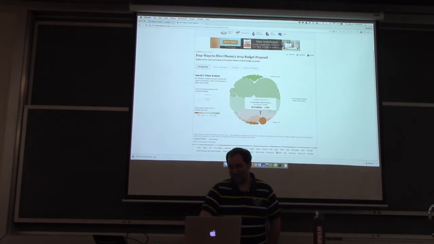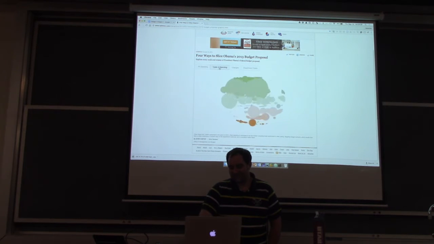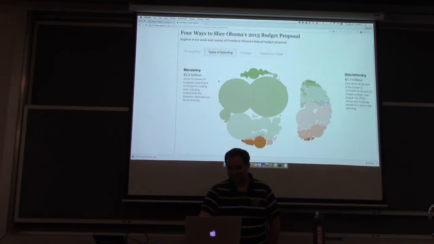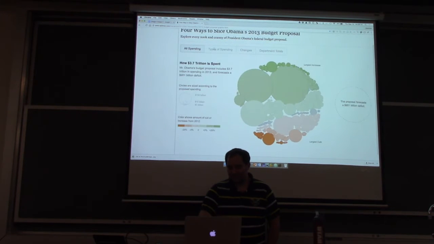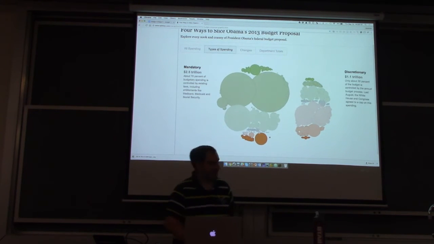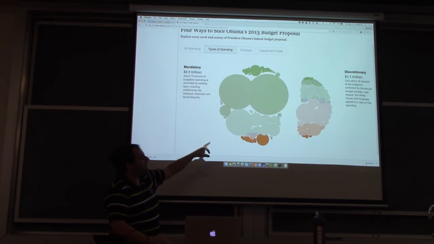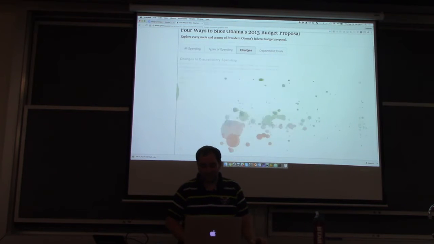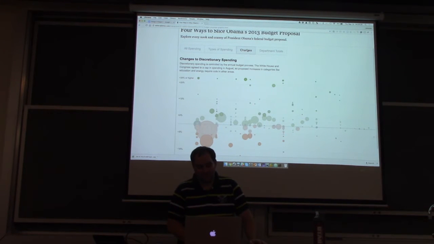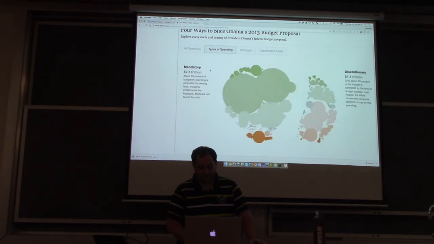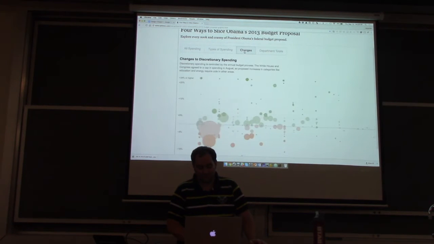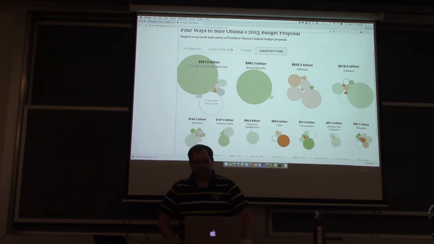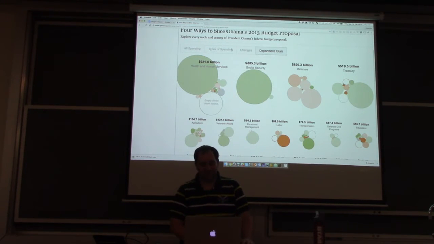You can hover over these dots, and when you switch between them, they have these nice transitions. So I can switch between all spending, then between types of spending. Here we have mandatory spending, and here we have discretionary spending. Then it transitions to changes, and you see that the mandatory spending is removed here. And then we have the departmental totals. So you basically saw it, but it's of course much nicer if it's interactive.